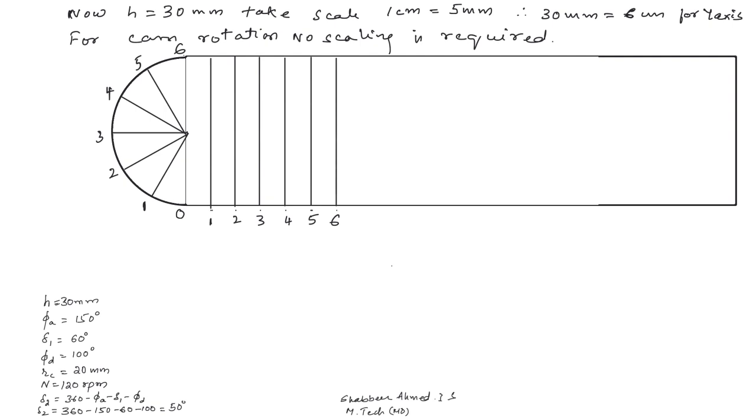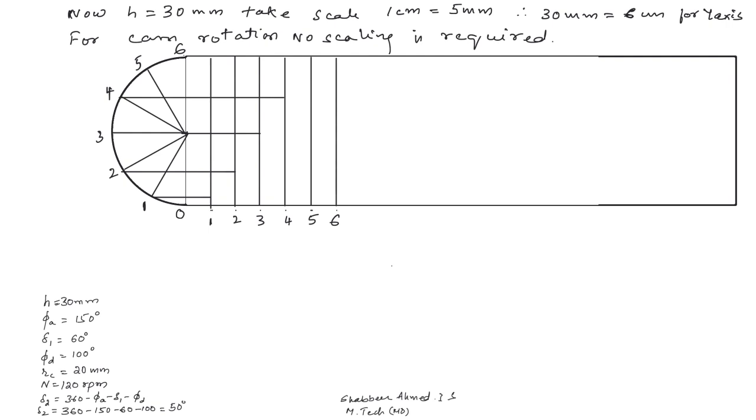Okay, now from the point 1, you draw a line up to the first line. Okay, then from point 2 draw a line up to the second. Then from point 3 draw a line up to the third. Then from point 4 draw a line up to the fourth.